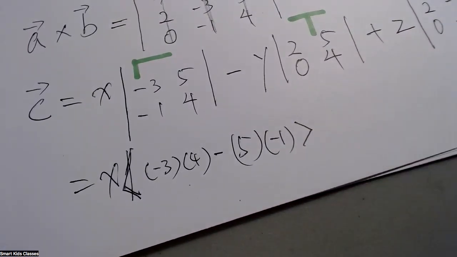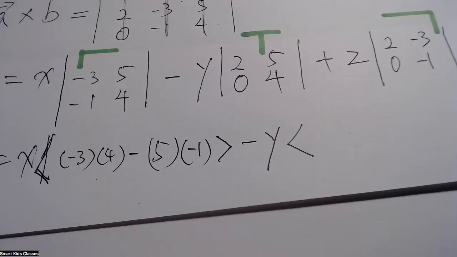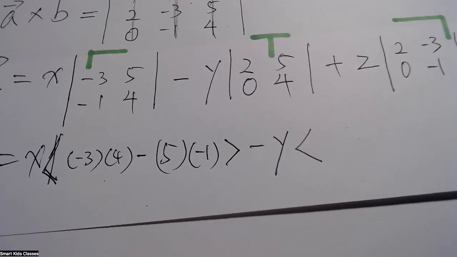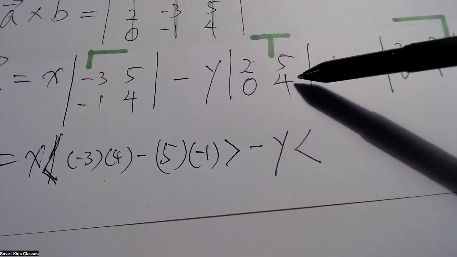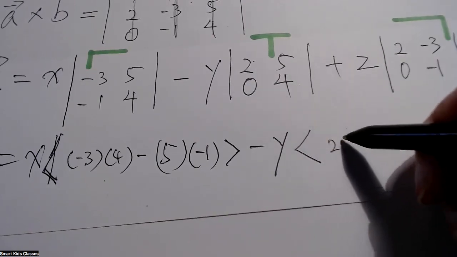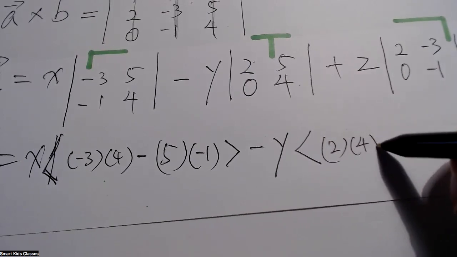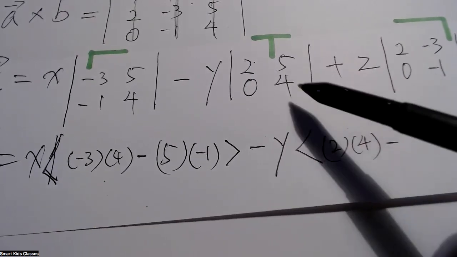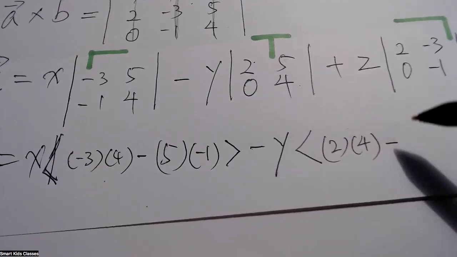Next is Y: you cross 2 times 4, subtract 5 times 0.